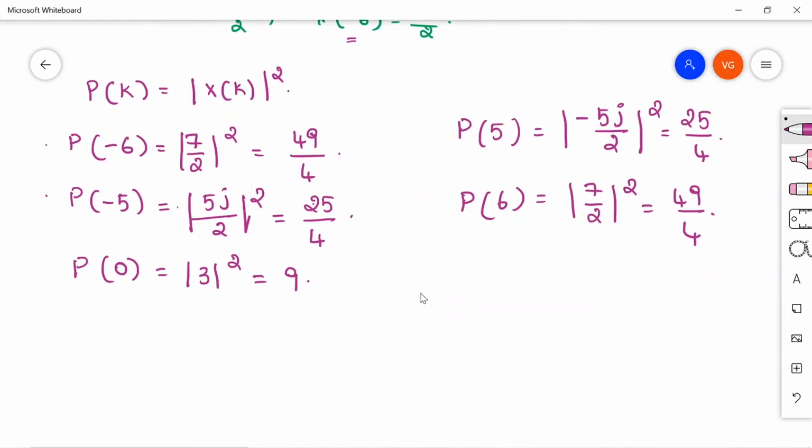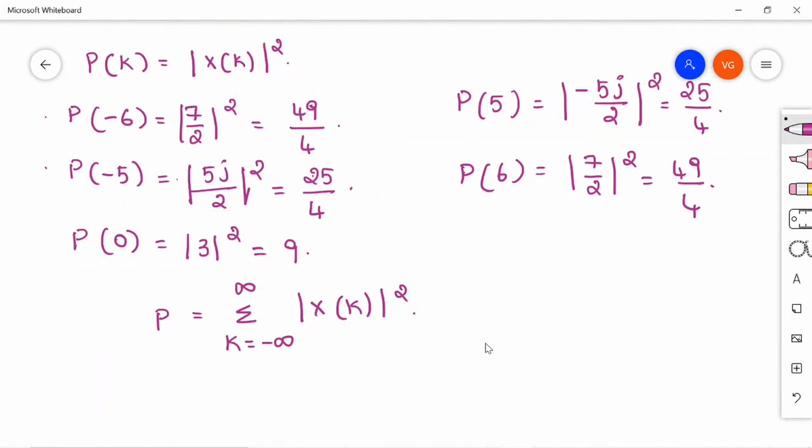Now we have to calculate the total power. Total power is nothing but summation, k running from minus infinity to infinity, of magnitude of X of k whole square, meaning the individual powers added. If you add all the individual powers of each complex coefficient, then you will get the total power of the given signal.